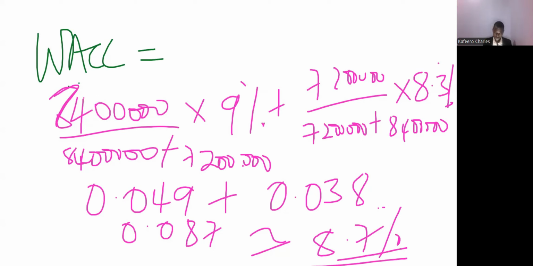Sometimes in the question they may give you the cash flows, and those cash flows may already be post-tax. You may find that the cash flows they have given you have already been adjusted for tax.